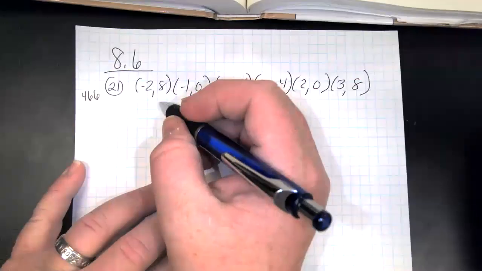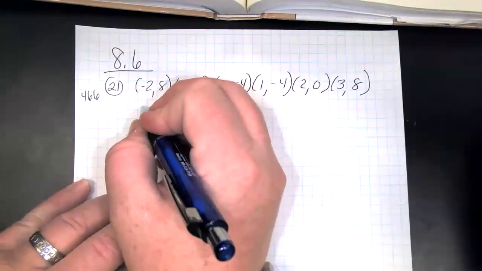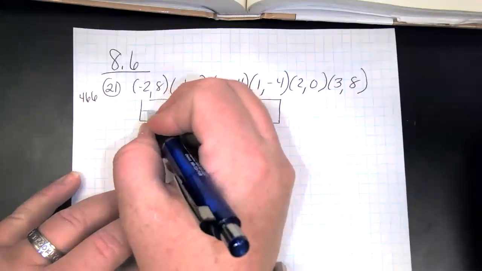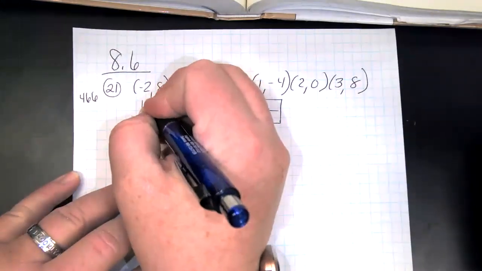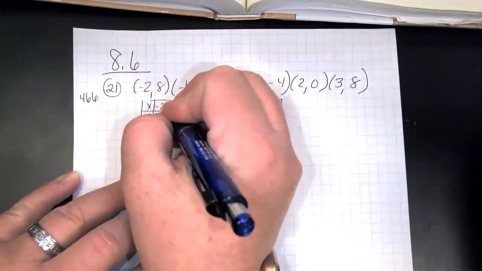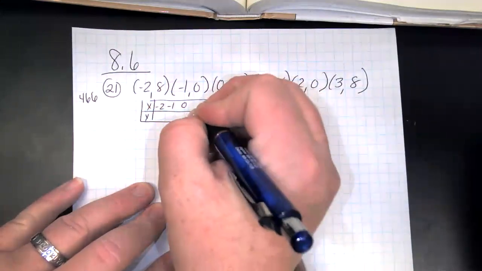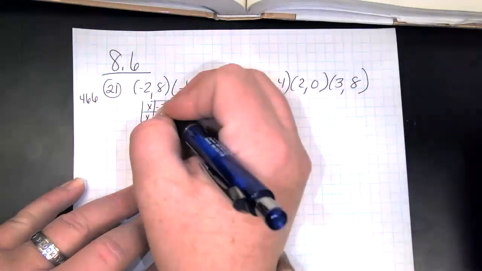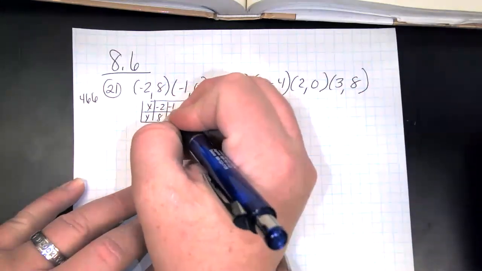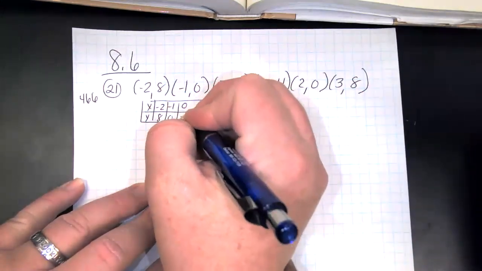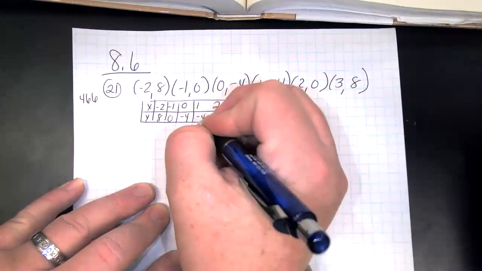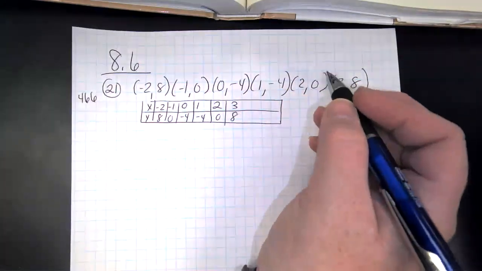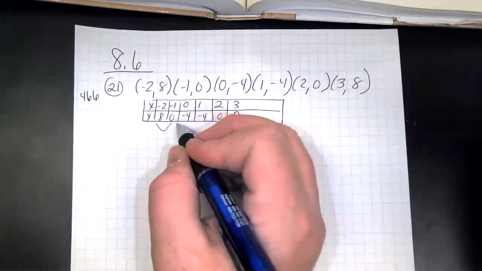So if it helps, rewrite it like this. I'm infamous for making boxes that are too big here, so sorry about that. Okay, so let's look at my change in y.